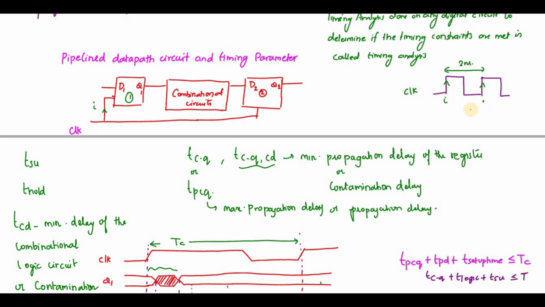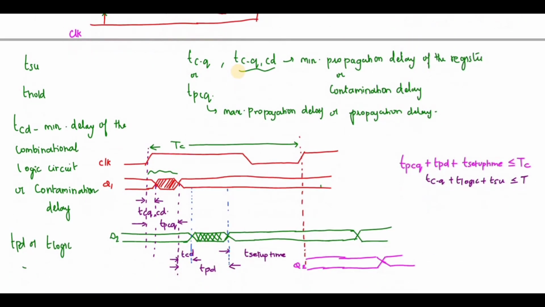Let me assume this point is J. So during the J rising edge of the clock, this D1 has to cross this one, be processed by this combinational circuit, and be readily available during the rising edge of J. So that is what I have represented here. This is my I and this is my J.